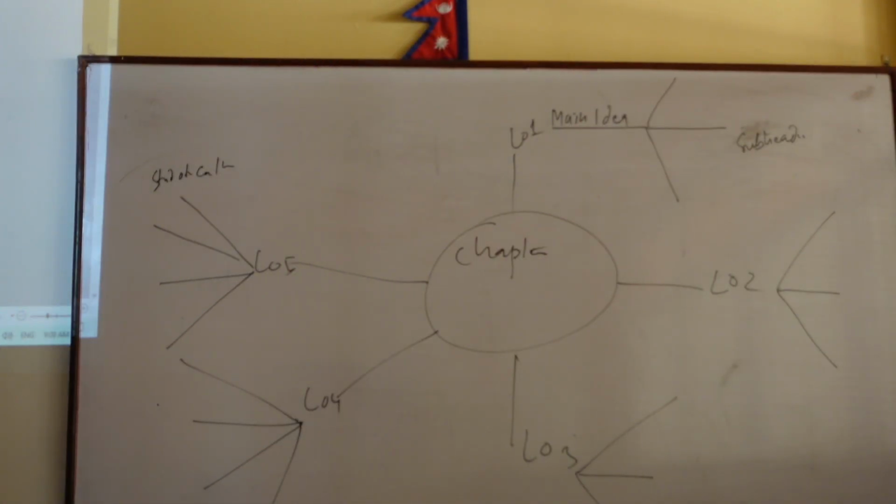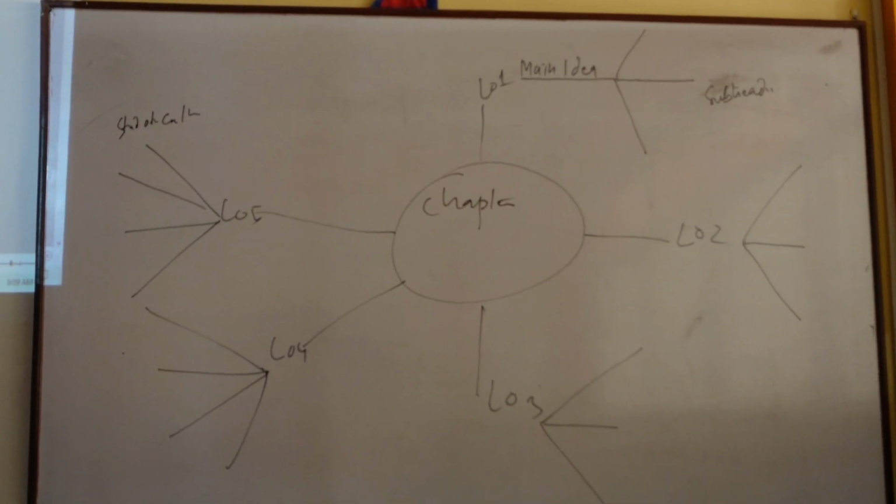Help her find out the name of the chapter. Communication challenges in a diverse global marketplace. Chapter: Communication challenges in a diverse global marketplace. 10 minutes, 10 marks, you will develop an outline of the chapter.